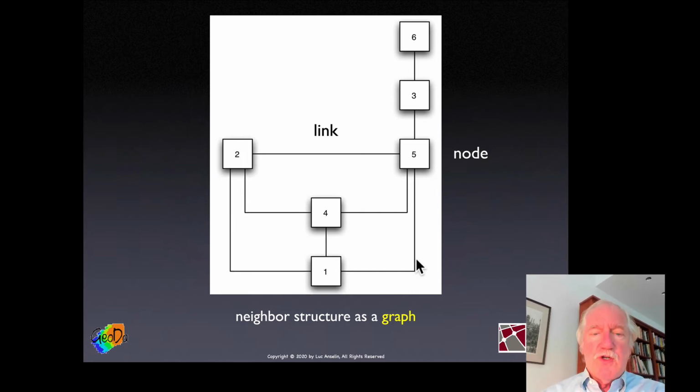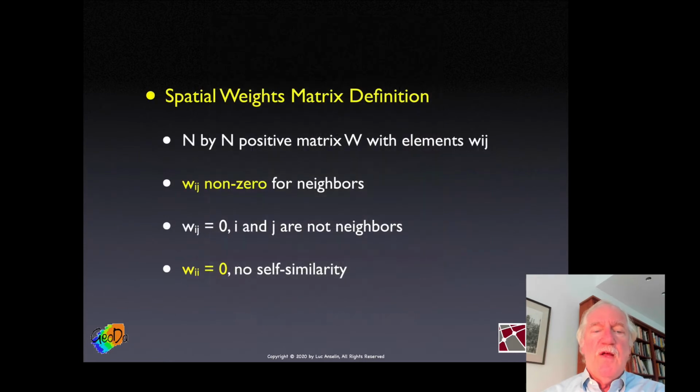So with this structure in mind, we can actually create yet another representation of the neighbor structure in the form of a matrix. A square matrix of dimension equal to the number of observations, n. So it's an n by n positive matrix. We call it W, we've already seen that, and the elements are Wij.